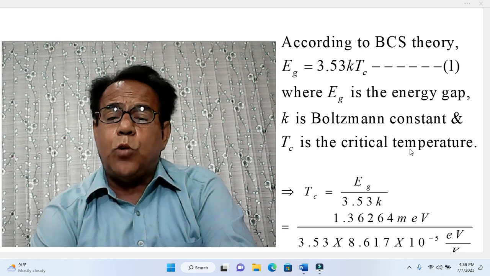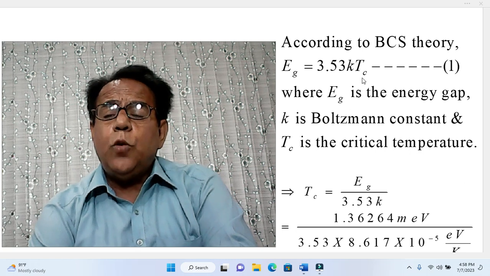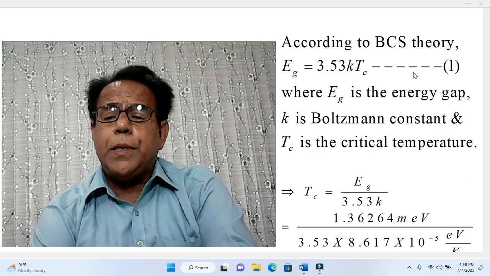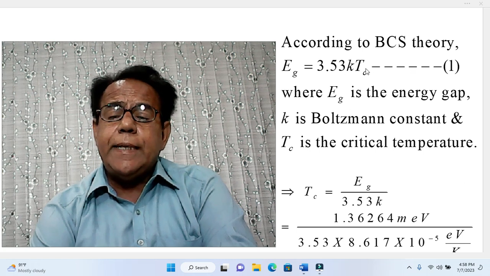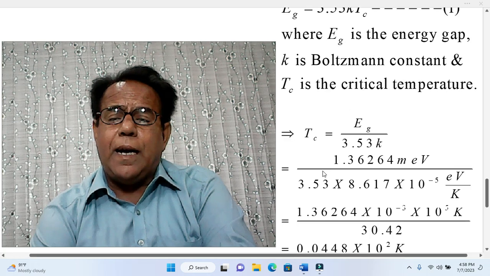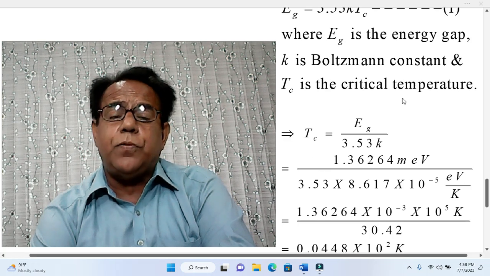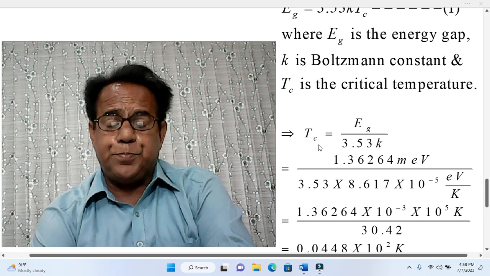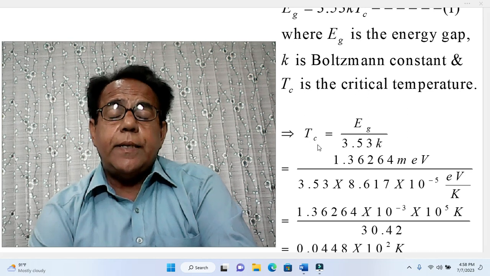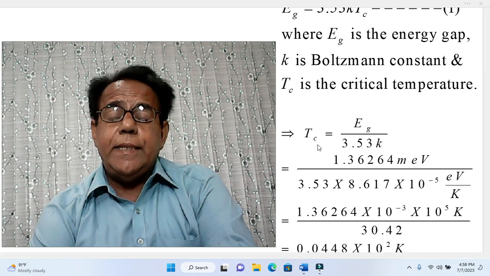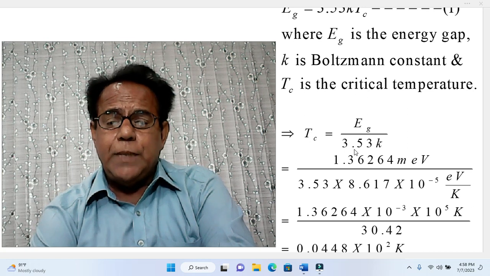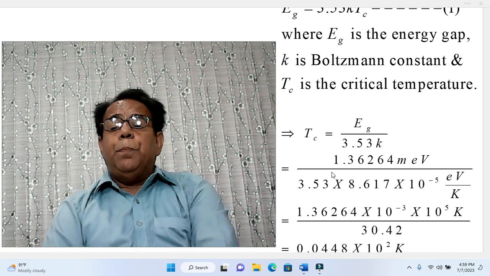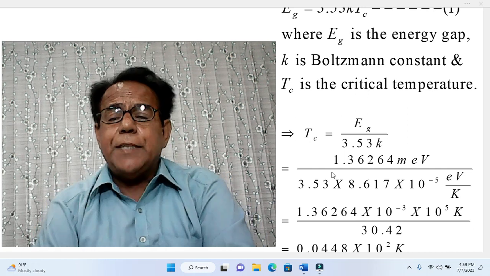We have to find out the critical temperature. So we will reshape equation number 1 in this form, that we will keep Tc, the critical temperature, on one side and all other factors on the other side of the equation, and hence critical temperature Tc becomes equal to energy gap Eg divided by 3.53 into small k, that is the Boltzmann constant.